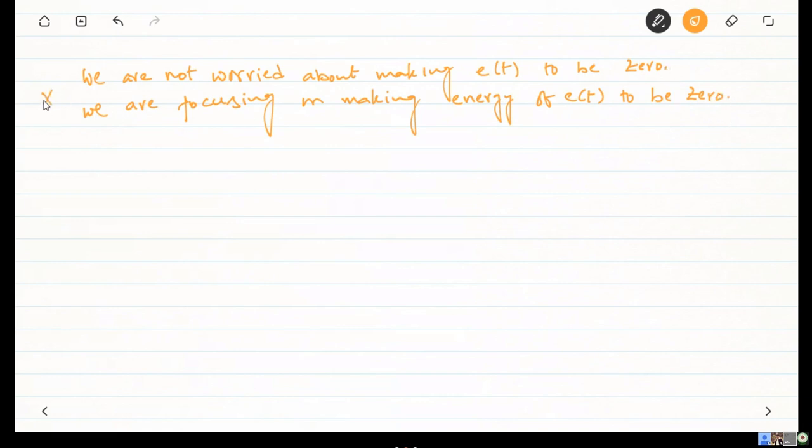This is one of the very important observations that you should keep in mind. When you study the sampling theorem, and when you study estimation theory in future, you will get this concept again and again, right?